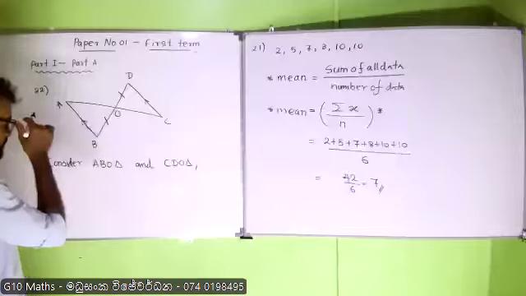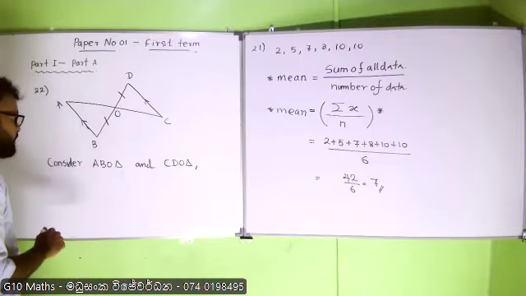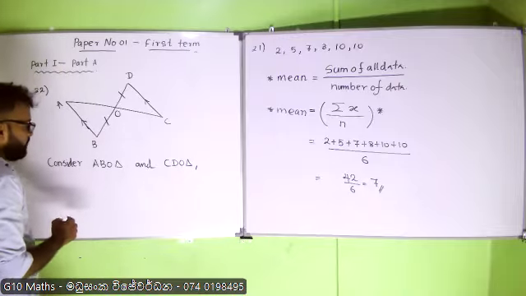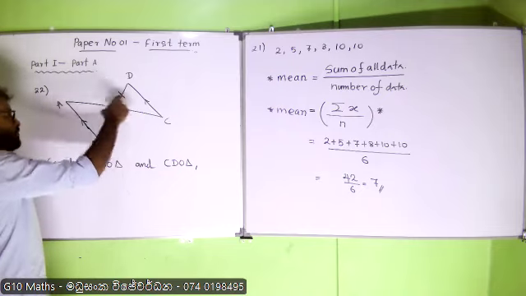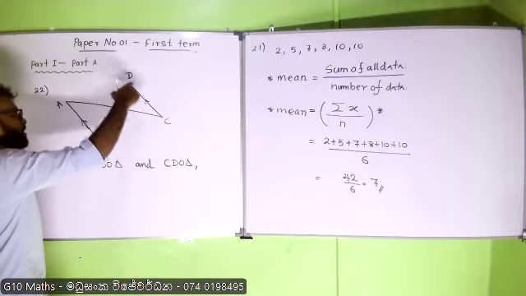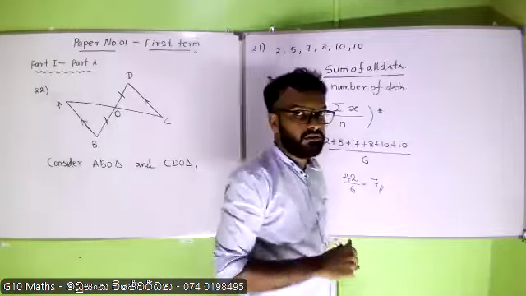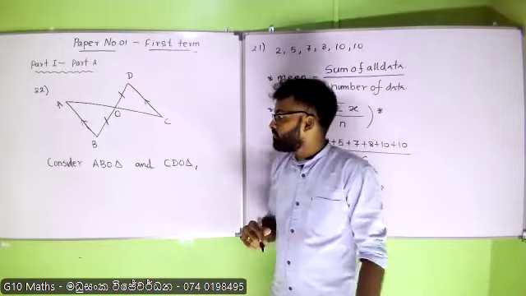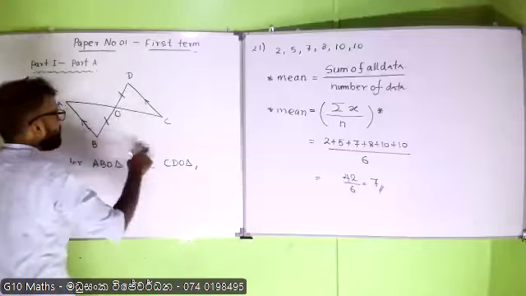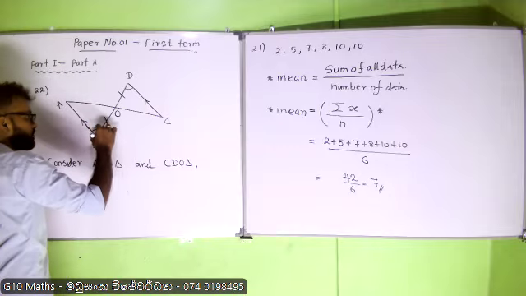By looking at these two triangles, I am going to find what properties are equal. First of all, with two parallel lines, you can find equal angles. So first of all, this angle equals this angle.